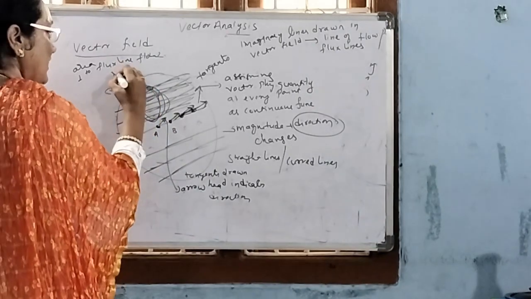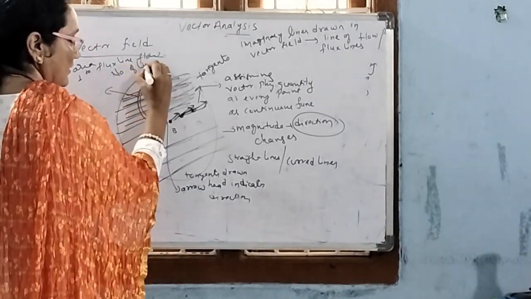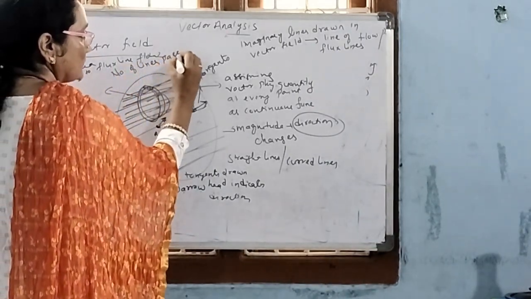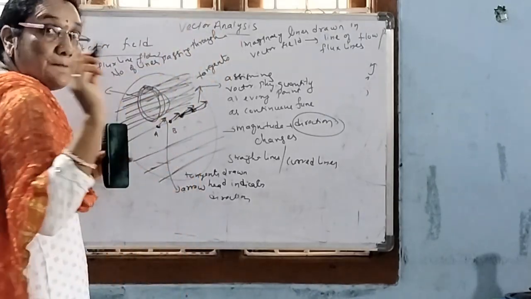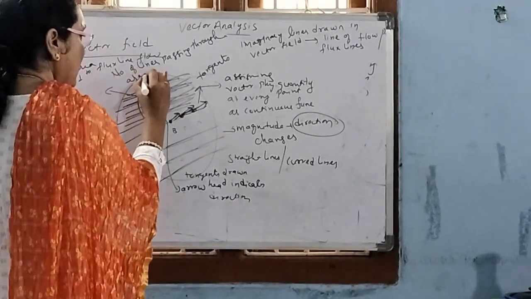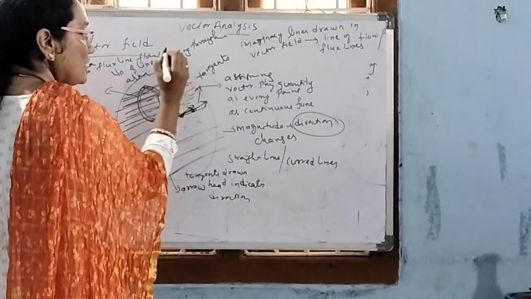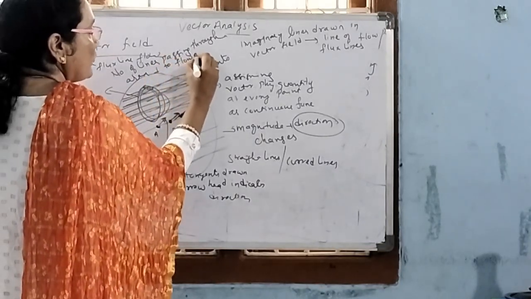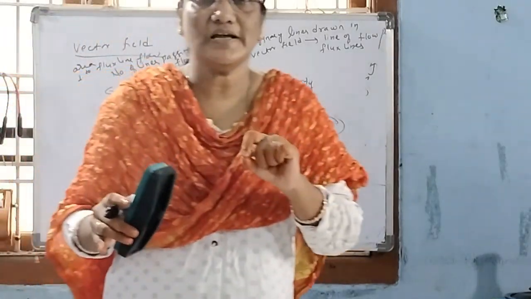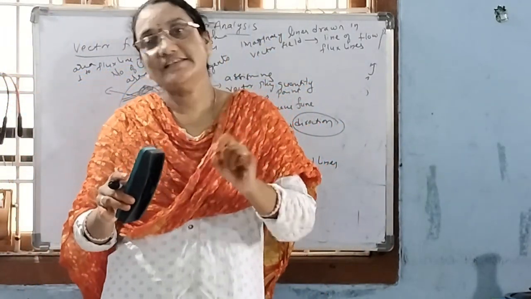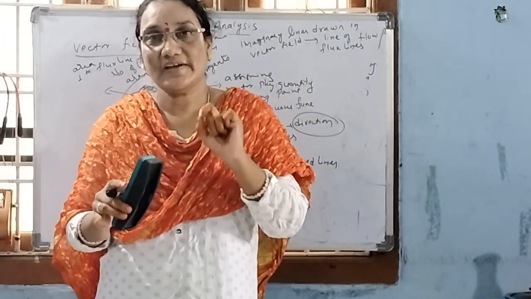The number of lines passing through the area taken perpendicular to the flow of lines, we take as the magnitude of these lines of force or vector quantity.